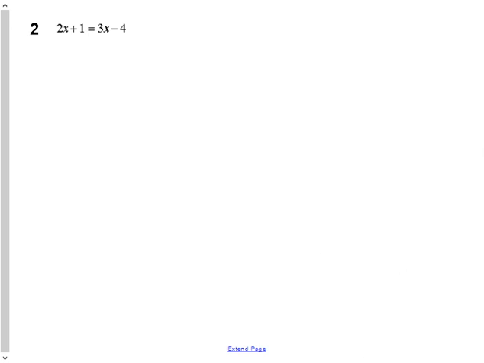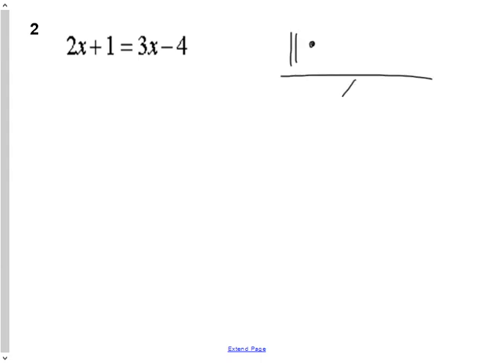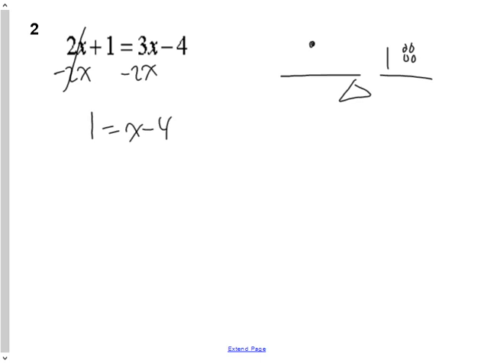In the second question, in your next equation, if I was to draw it, a 2x and a positive 1 equals 3x and a negative 4. If drawing it, if I was to remove 2x from this side and remove 2x from that side, I would create this equation. Numerically, removing 2x from both sides would be 1 equals x minus 4.